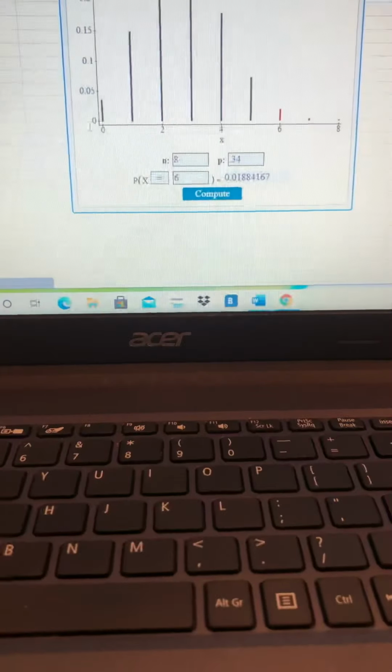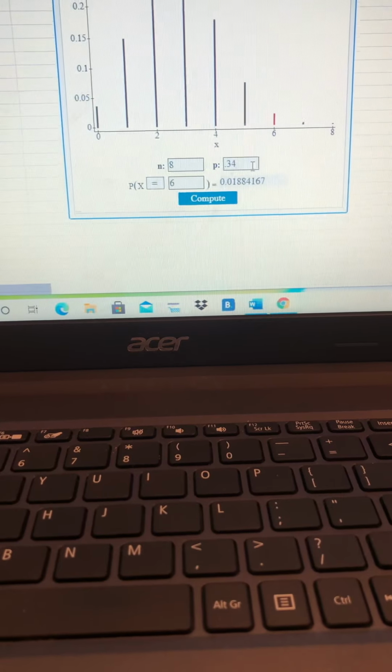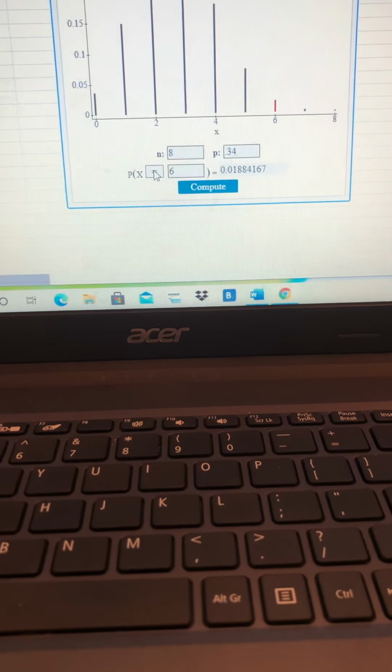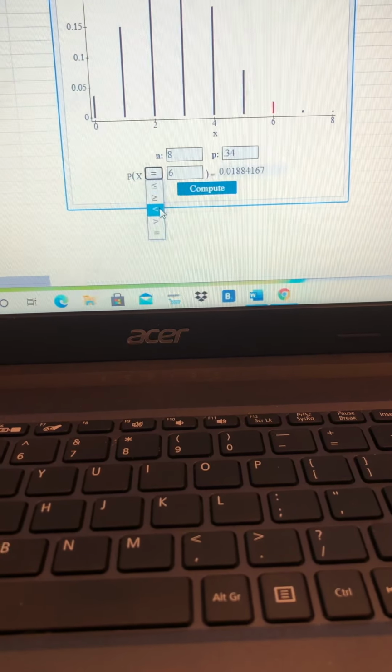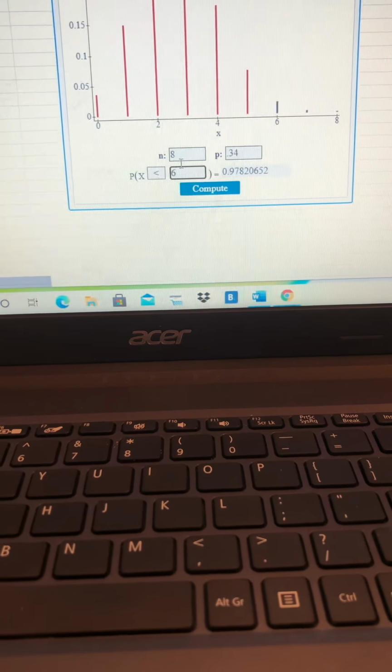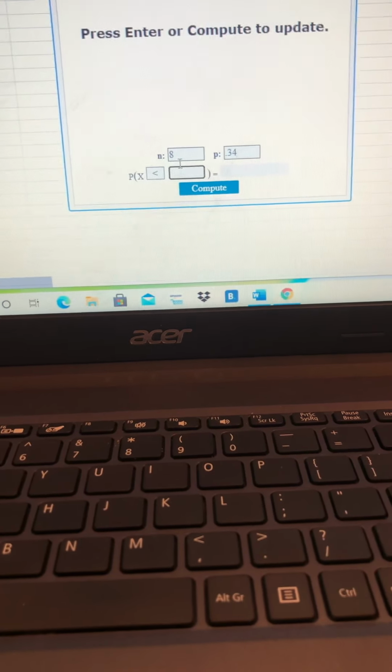To do the other one, it's still the same n and the same p, but x is going to be less than 5.